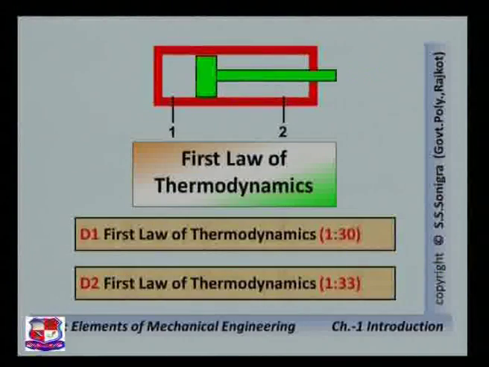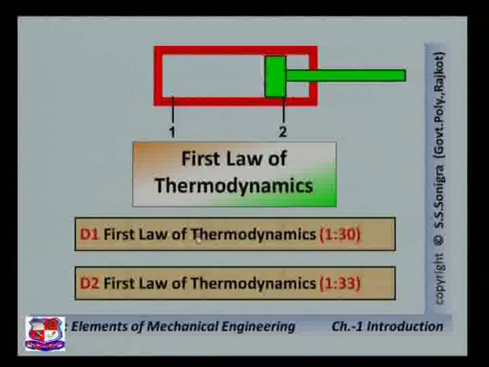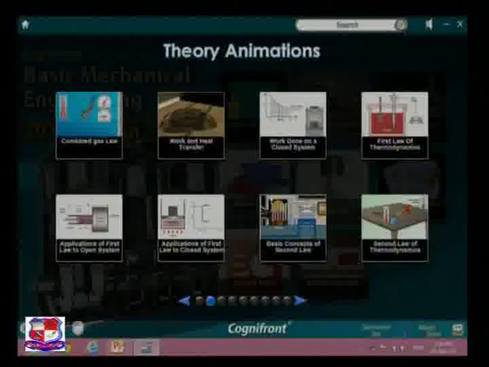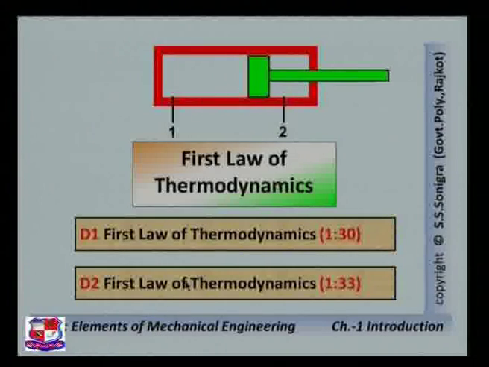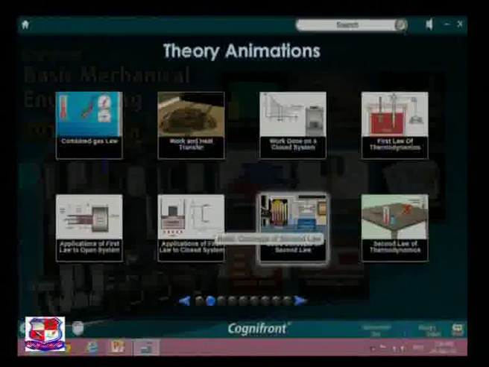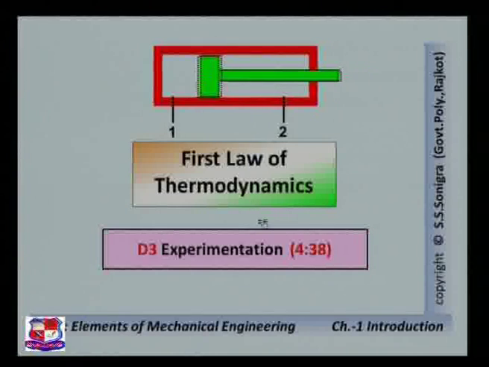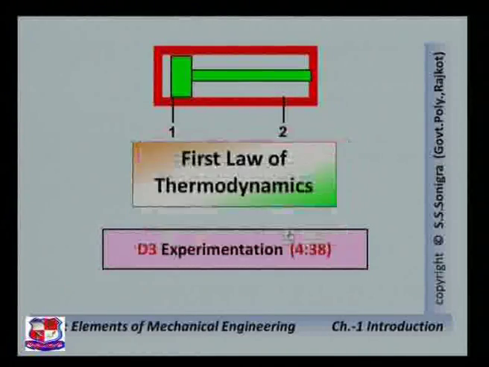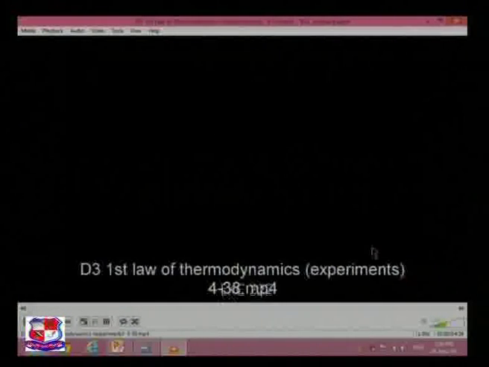So that is regarding application of first law to the open system and to the closed system. Now first law of thermodynamics. One experimental setup, how to conduct experiment for first law.